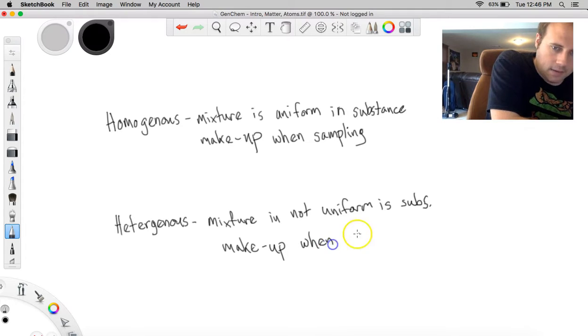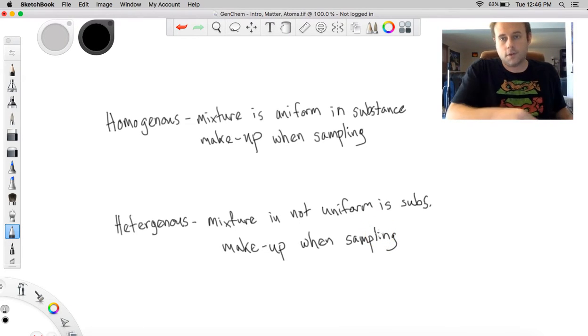Think for a second if you could come up with an example of a heterogeneous and a homogeneous mixture.